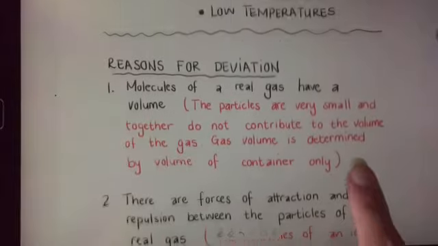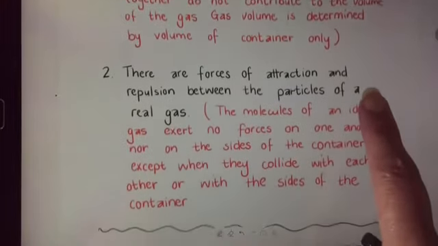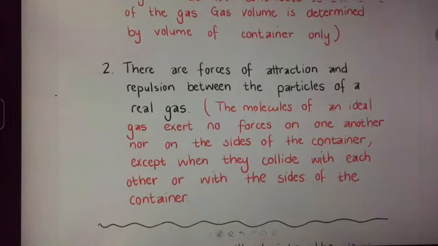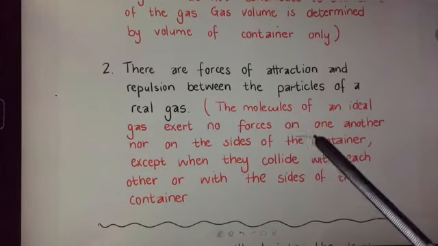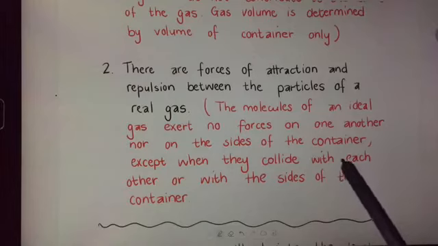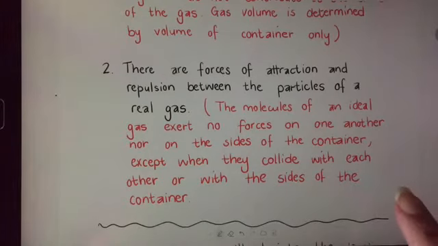Then the second reason for the deviation is this: there are forces of attraction and repulsion between the particles of a real gas. Again, if you go back to your ideal gas properties, we said that the molecules of an ideal gas exert no forces on one another, nor on the sides of the container, except when they collide with each other or with the sides of the container. So our ideal gas particles don't exert any forces on each other, but real gas particles do.